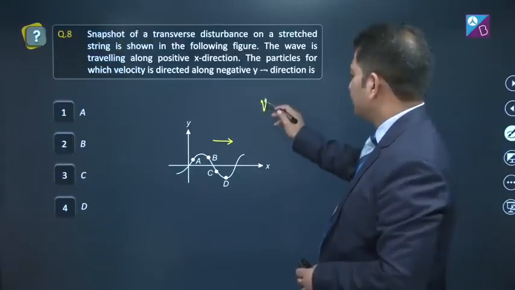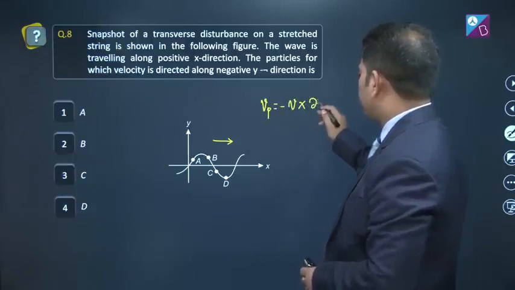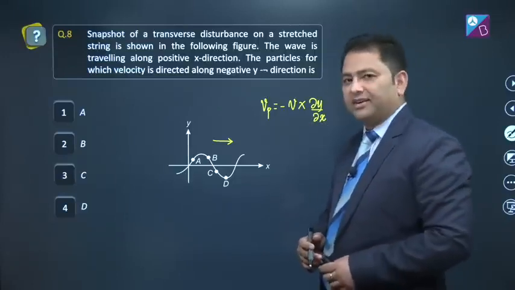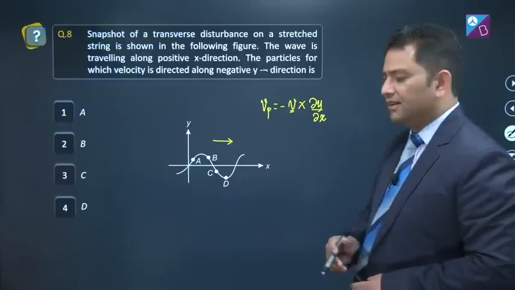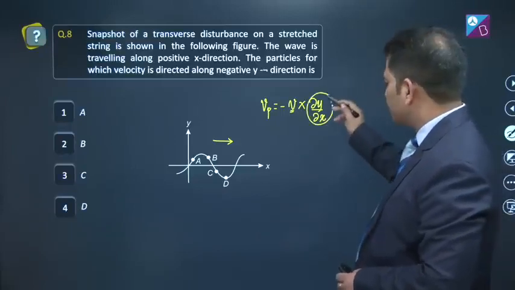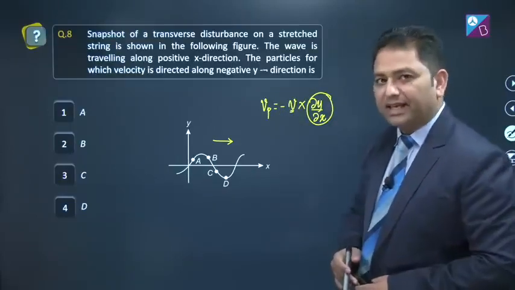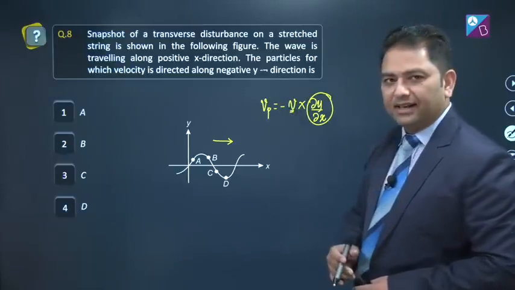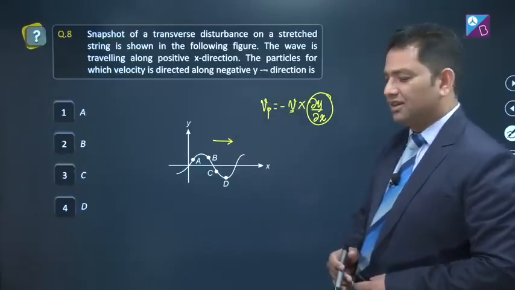Well, velocity of particle is minus velocity of wave multiplied by slope of the snapshot, right? Simple thing, this v is in the positive direction, so for the particle whose slope is positive, because of this negative, the velocity of the particle will be negative. So we have to find which particle lies on the positive slope of the snapshot.